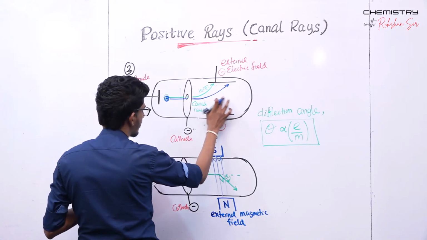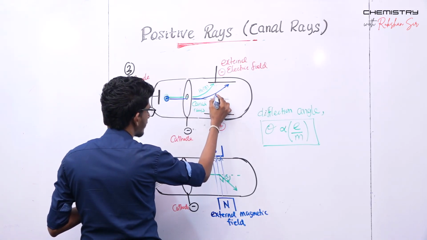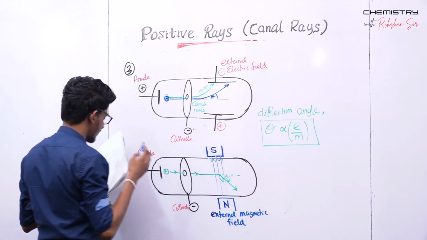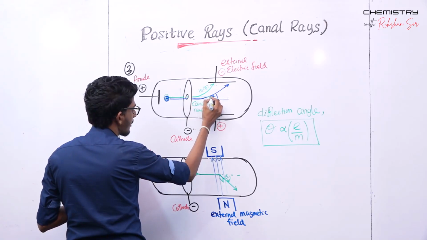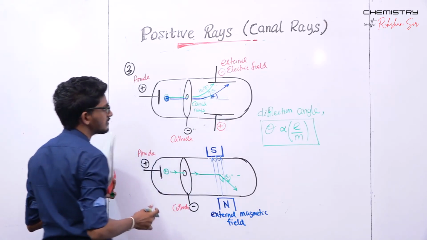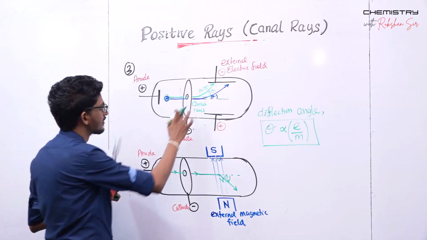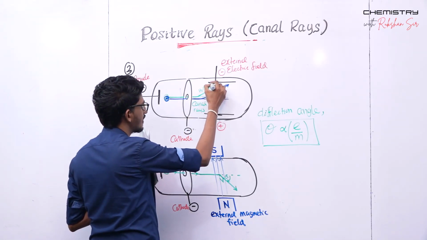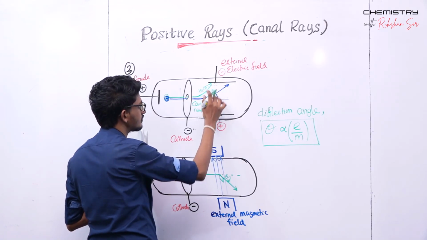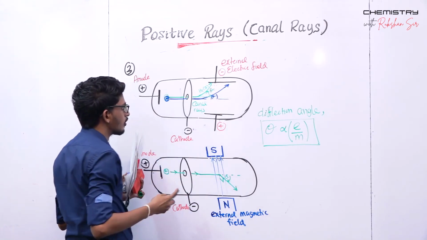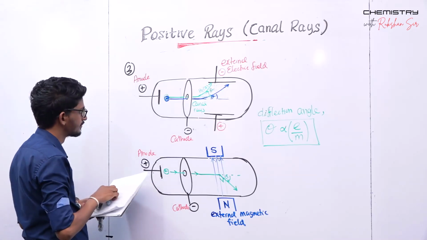If you use O2 gas, its deflection angle is less than with the H2 gas. H2's deflection angle is greater, and O2's value is less.